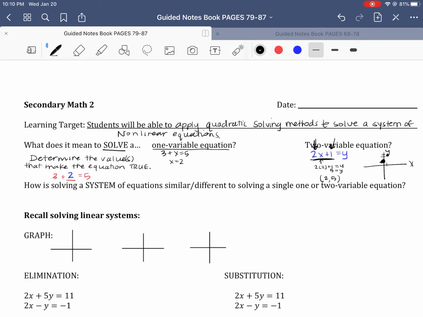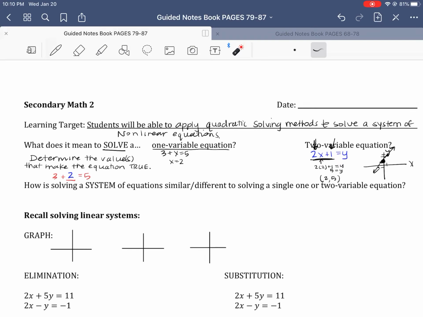Or I go down 2 over 1, and I can draw another line, and here's my linear function, 2x plus 1. The point that we just found, (2, 5), would lie on this line, over 2 and up 5. All of the points on this line are solutions, pairs of x and y values that would satisfy this equation.